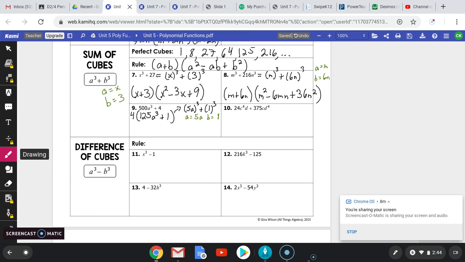So let's replace those values into our little rule. So a plus b, so 5a plus 1, times a squared, so 5a squared is going to give me 25a squared, minus a times b, so 5a times 1 is 5a, plus b squared, or 1 squared, which is 1.